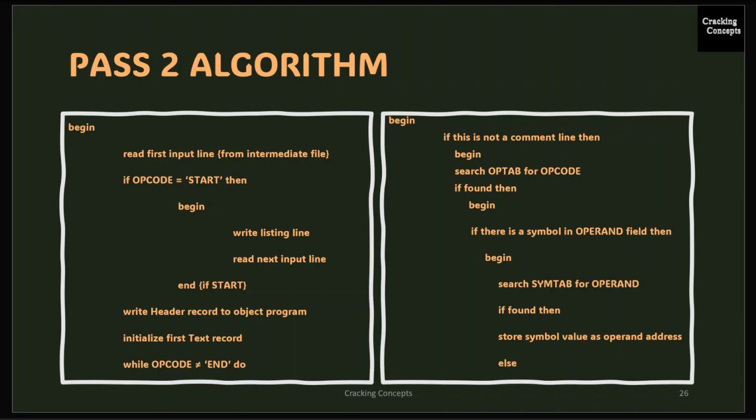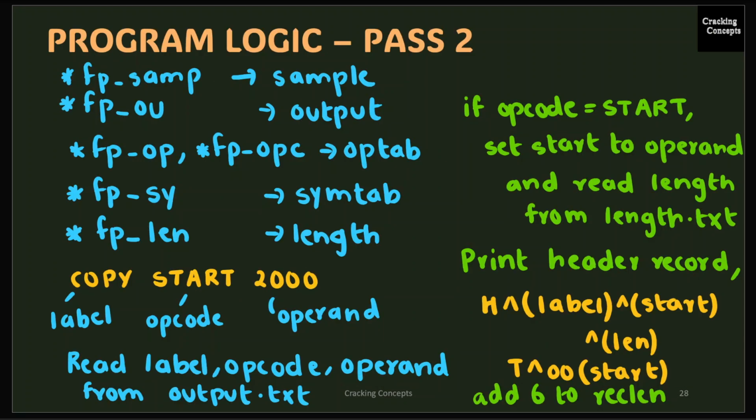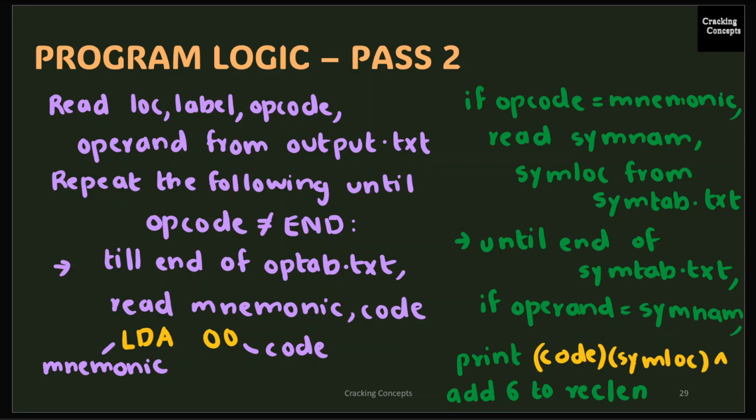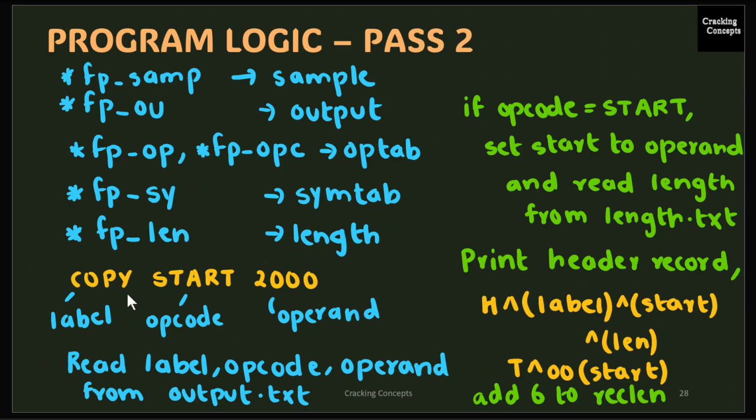If that particular opcode matches, then it will check if there is a symbol in the operand field. For example, now this is an example of the header record and the text record we were specifying before.